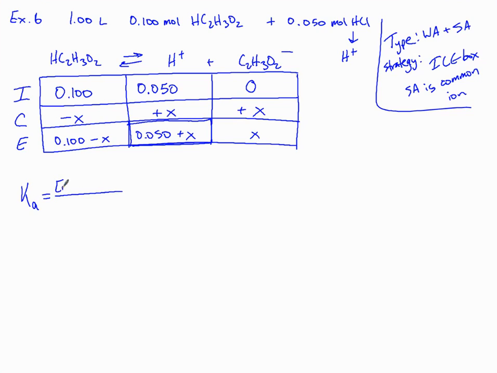On top, we have concentration of hydrogen ions, concentration of acetate ions, and again, everything is in 1-to-1 ratios in the equation, so the exponents are all 1.